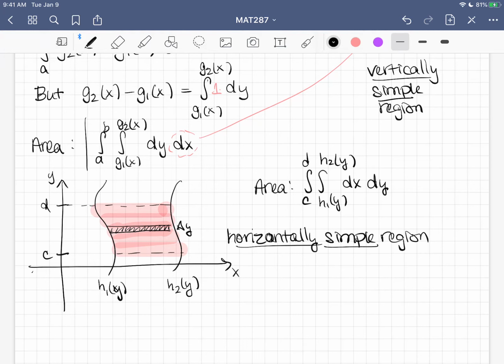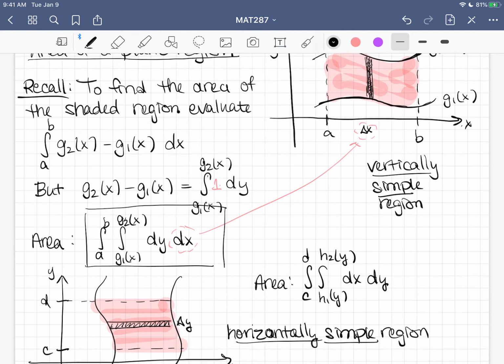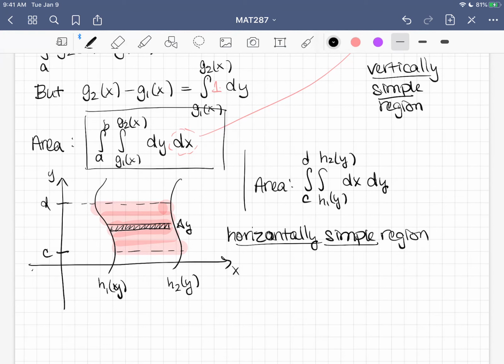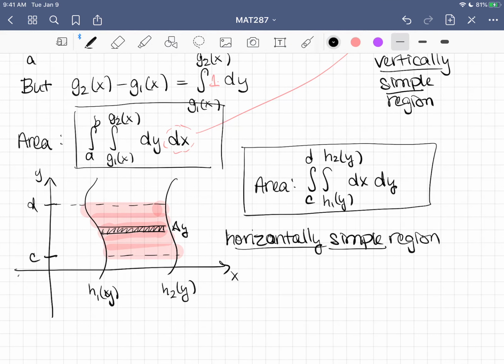Okay, so generally speaking, you want to remember when we're doing dy dx, we're looking at these vertically simple regions, and when we're doing dx dy, we're looking at these horizontally simple regions.